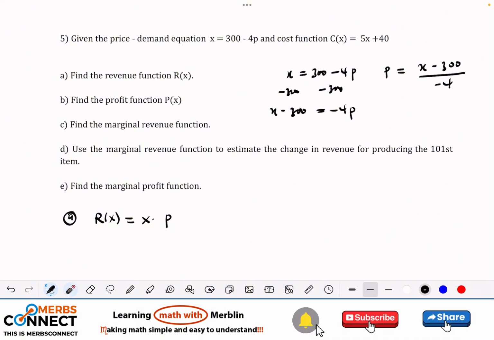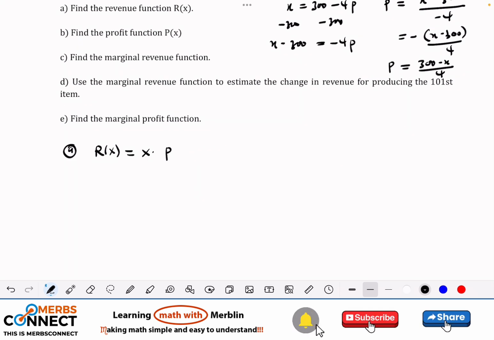Now, if I want to pull the minus up, this is going to be minus X minus 300 divided by 4. Then when I multiply the minus through, I'm going to have 300 minus X divided by 4. So that will be my P, which is my price.